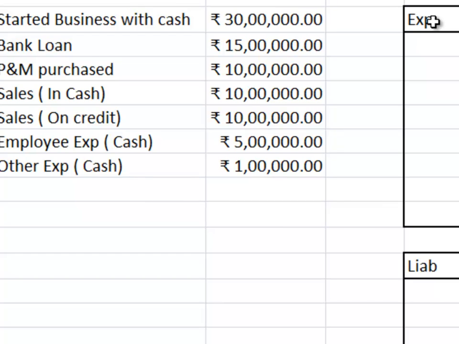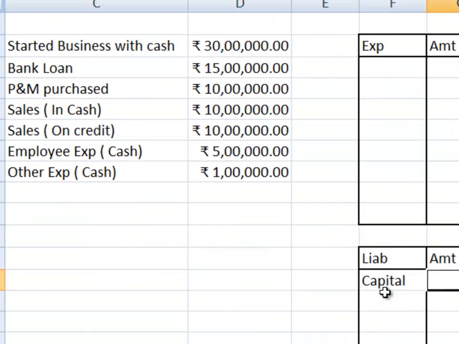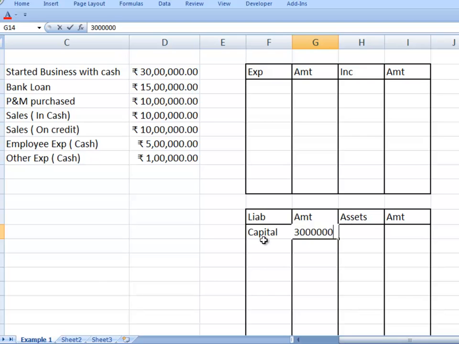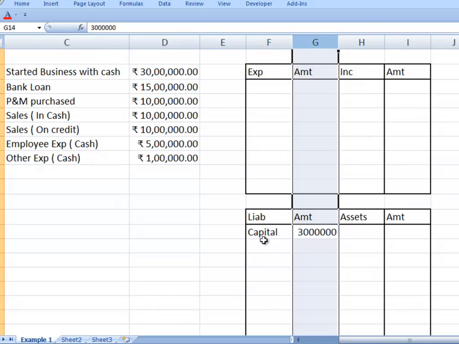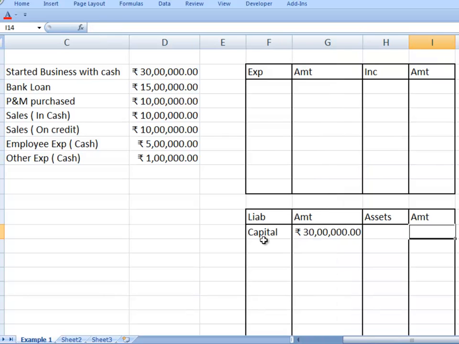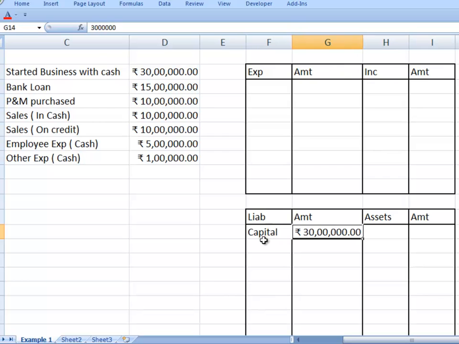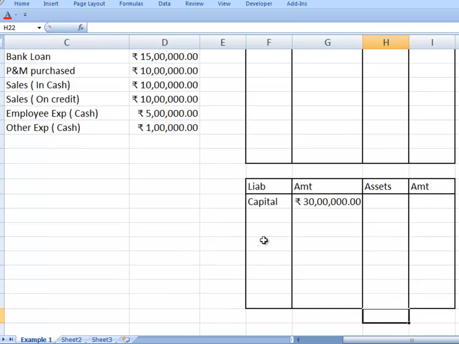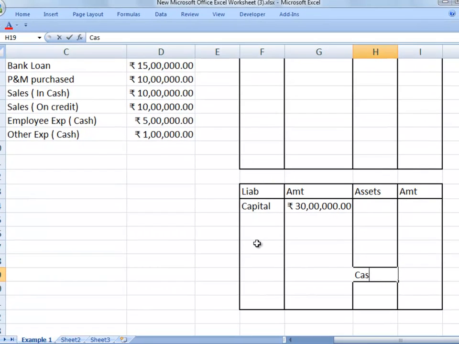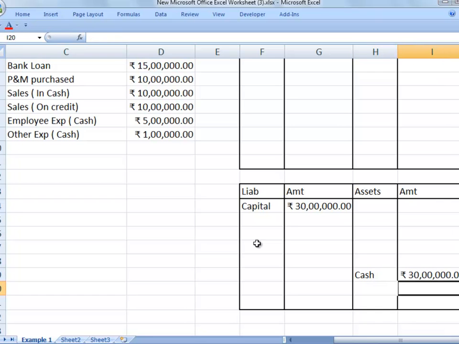The amount would be 30 lakhs. Okay. What should be the second effect of this transaction? Cash. You will have cash of 30 lakhs.